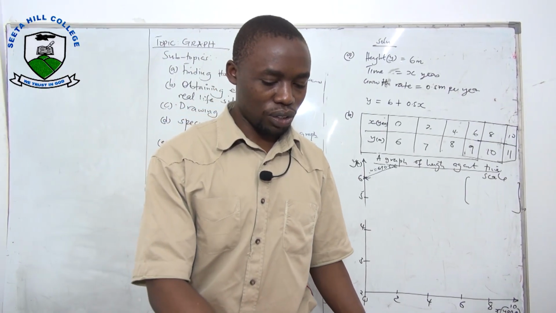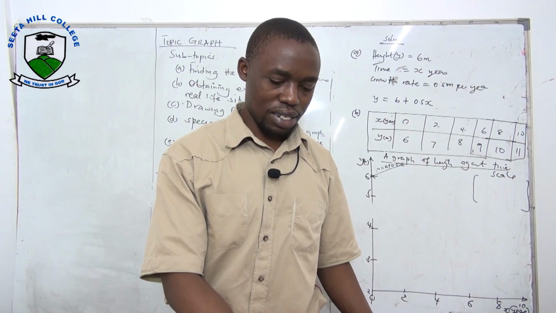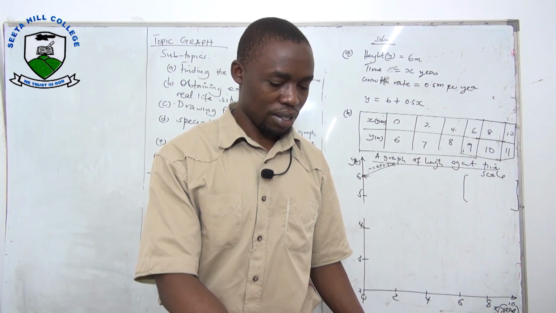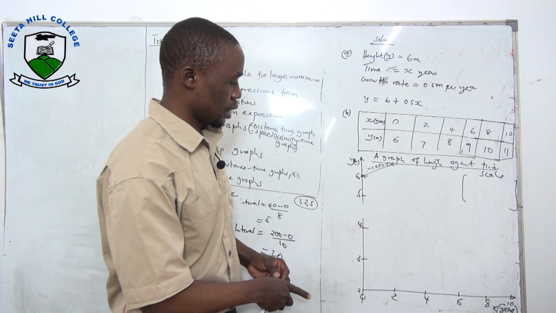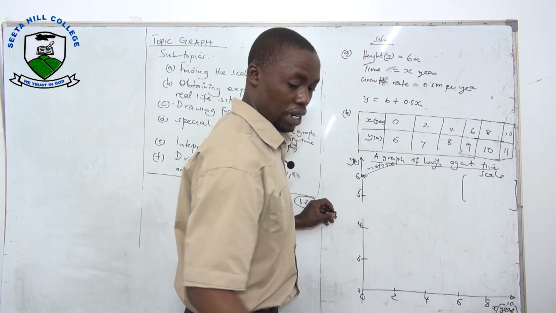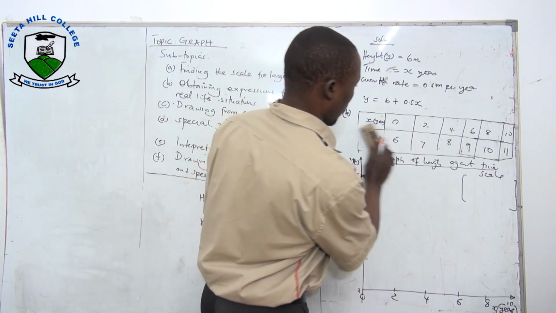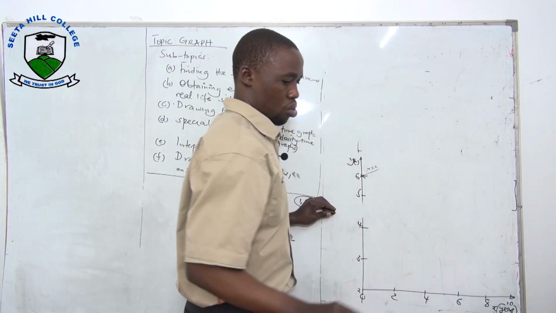Let us answer the question. There is something that was left there. Are you on that? After 5 years, have you located that? Locate 5 and show on the graph that indeed, because my space was not ample.